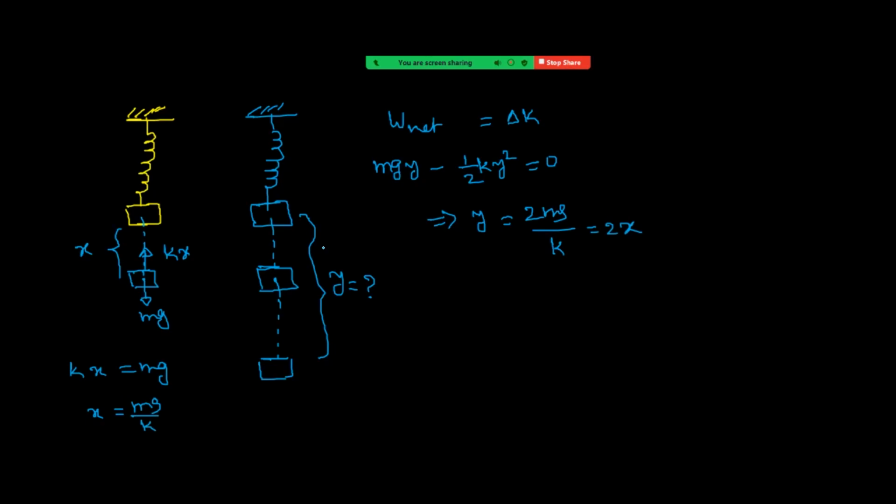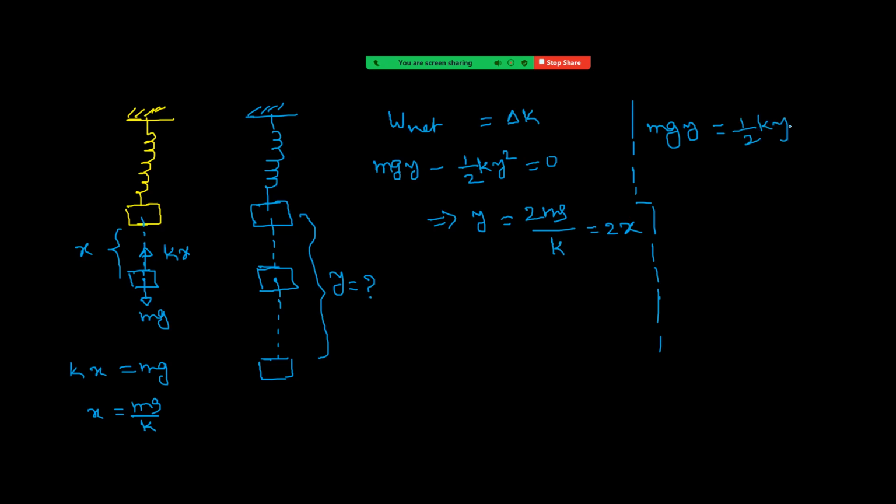Or same thing we can write instead of taking work energy theorem. Loss in the gravitational potential energy converts into spring potential energy. If you are taking spring, block and earth as a system, then you can write loss in gravitational potential energy is converting into gain in the spring potential energy.